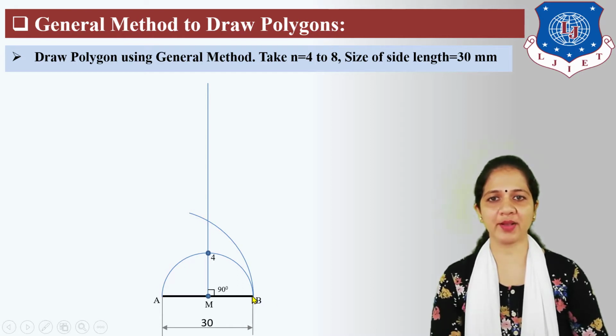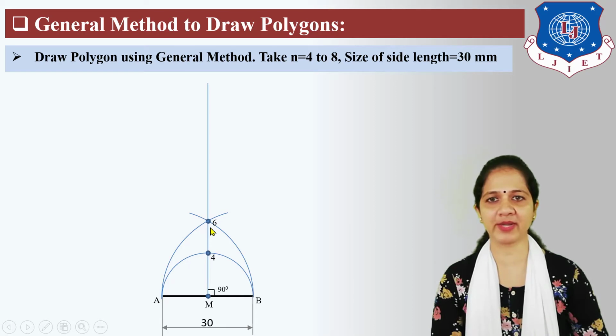Similarly, take B as center, radius again the same, B to A or A to B, which is 30 mm, and draw another arc. These two arcs intersect at one point on this perpendicular line. Mark here point 6.